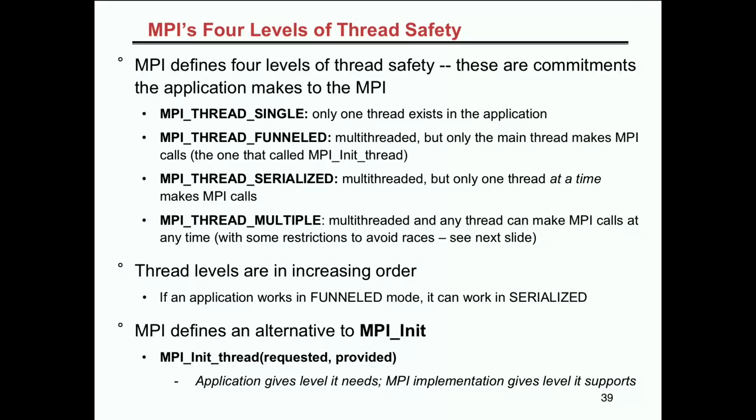It's just inclusive, but the definition already includes it. And why doesn't everyone support MPI multiple? It's tricky to get right. It's more expensive, because you have to make sure that memory regions are properly locked. There are some MPI internal counters and variables that need to be protected if you do higher levels of thread support.